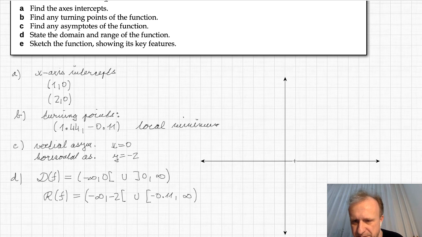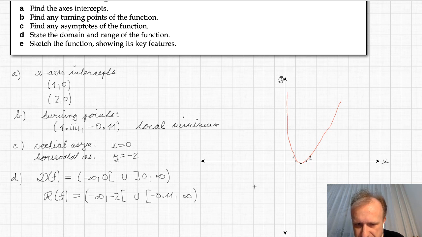So let me first label the axis. This is the y-axis, this is the x-axis here. I have number 1, number 2 here, and there is the local minimum somewhere here, and the function should pass through this minimum, through this point, like this, and also through this, and should have the vertical y-axis as the asymptote.